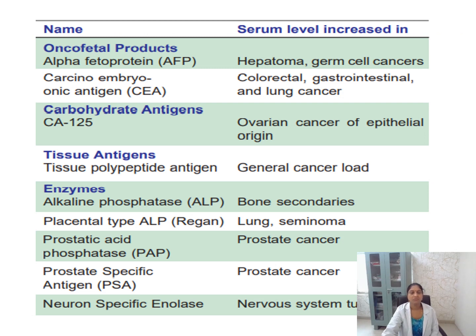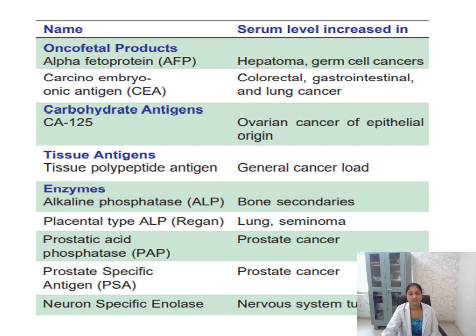Tumor markers like alpha-fetoprotein are seen in hepatoma and germ cell tumors. Carcinoembryonic antigen is seen in colorectal cancer, gastrointestinal cancer, and lung cancer. CA125, that is carbohydrate antigen 125, is seen in ovarian cancer of epithelial origin, and tissue polypeptide antigen is seen in general cancer load.